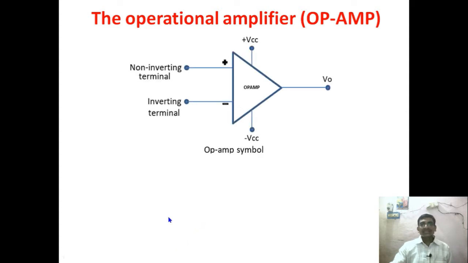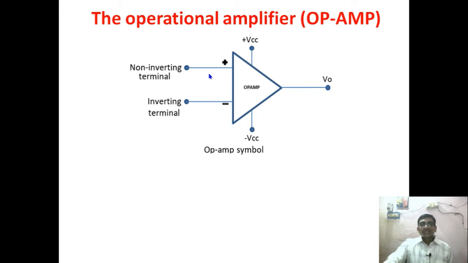So let us see the symbol for the operational amplifier. This is the schematic symbol for the operational amplifier. The operational amplifier has two input signals, one output signal, and two supply voltages. The two input signals are the non-inverting input and the inverting input.